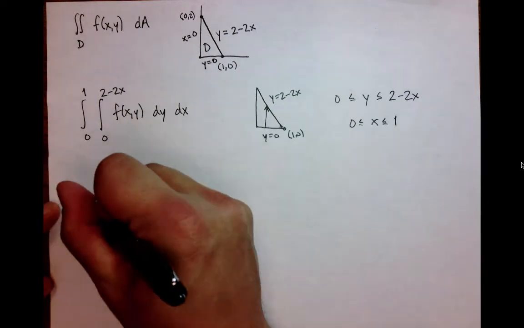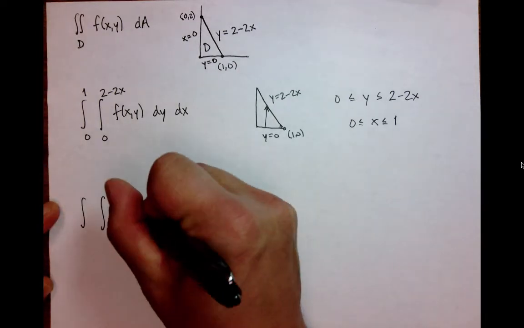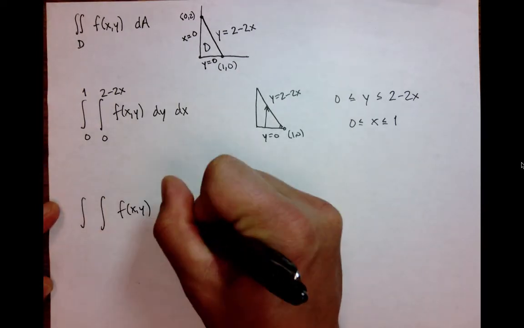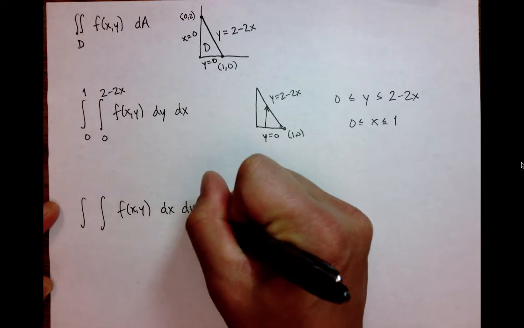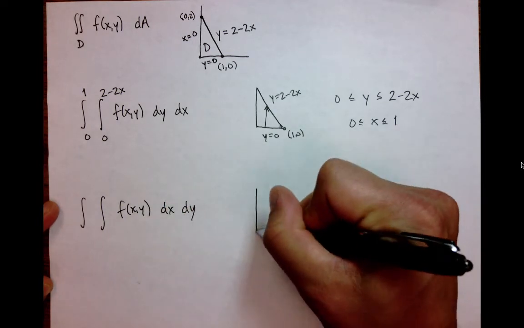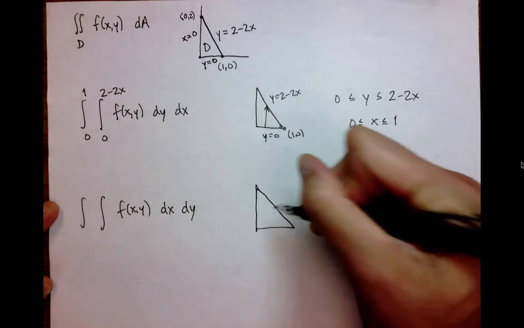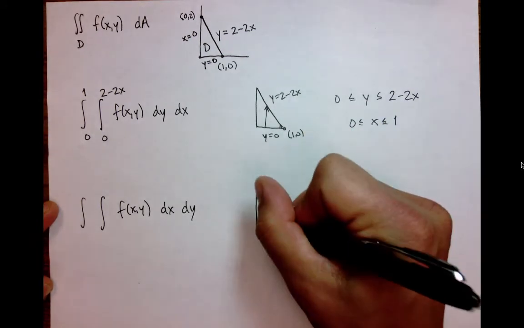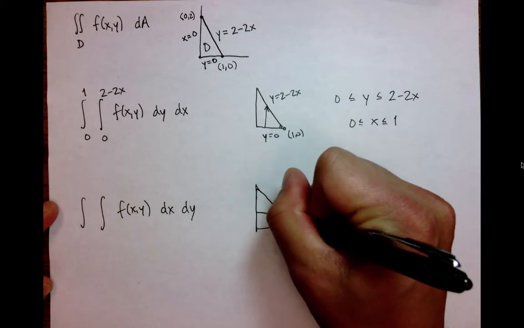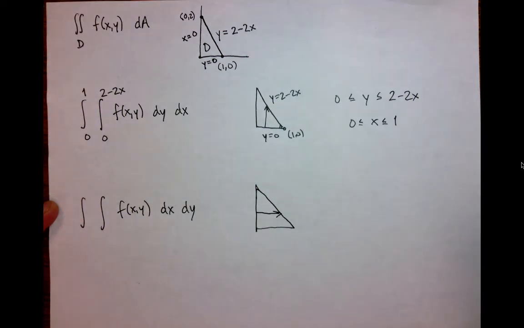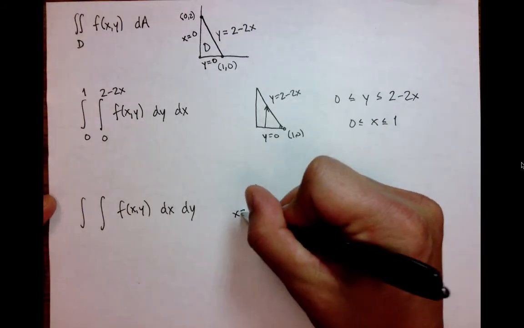All right, now we might have also decided to write this as an integral dx dy. So we have to do x first and then y. So now we want to go from this line to this line as we integrate in x. Well, this line is x equals 0.